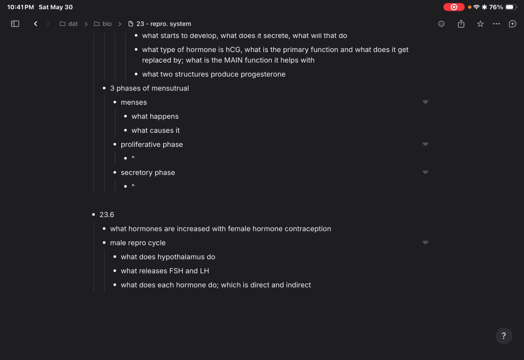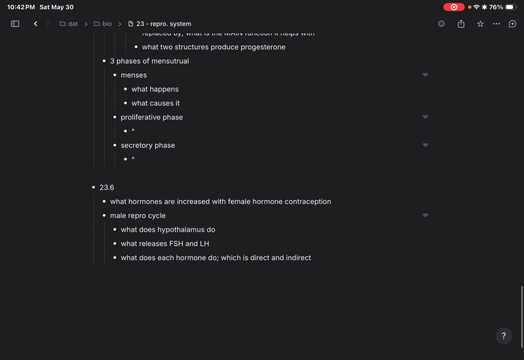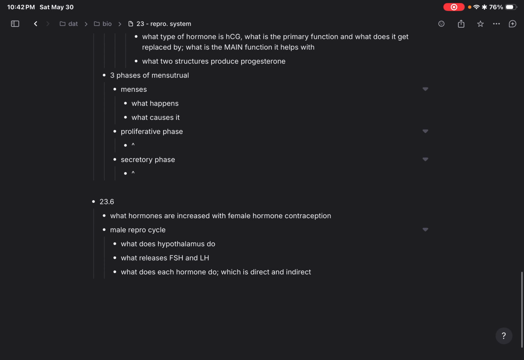I don't know. So HCG is a peptide hormone, its function is maintaining the corpus luteum, and it's replaced by progesterone from the placenta. That's how you test for pregnancy. Progesterone is a steroid hormone. It tells you to keep this stuff, right?